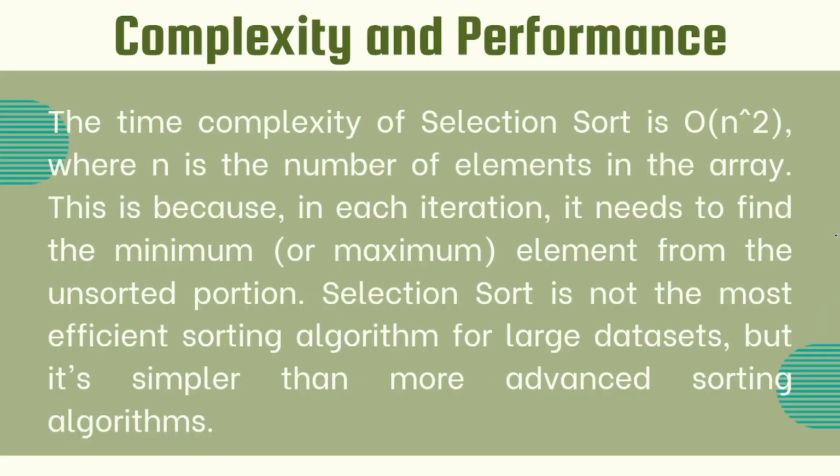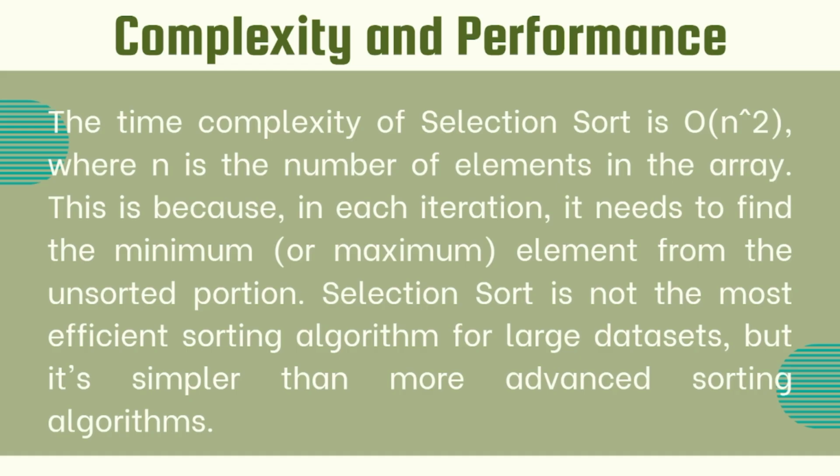So here, the time complexity of selection sort is O(n squared), where n is the number of elements in the array. This is because in each iteration, it needs to find the minimum or maximum element from the unsorted portion.